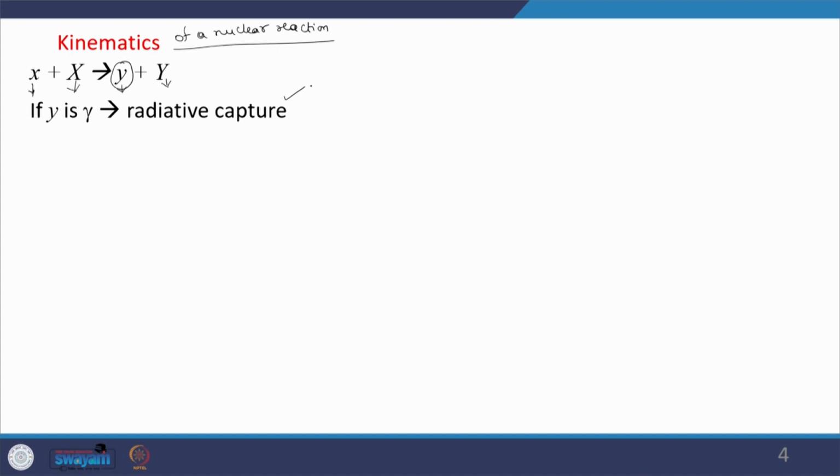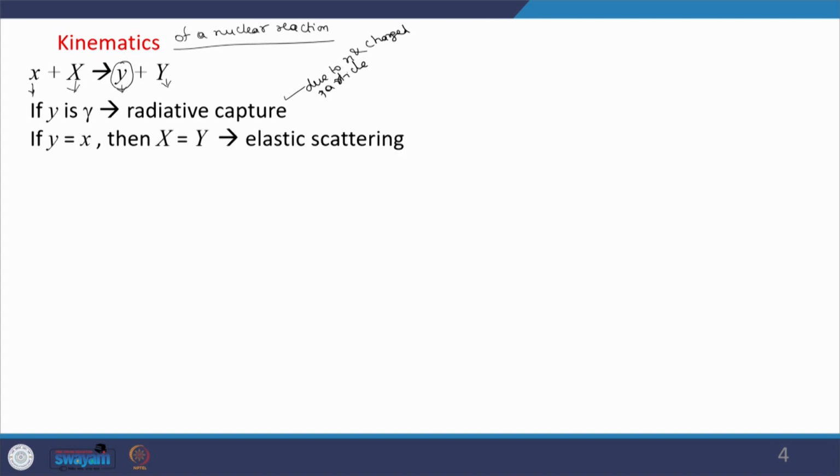It could be due to neutrons or charged particles. In any case, if the ejectile is a gamma ray, then we say this reaction is a radiative capture reaction.